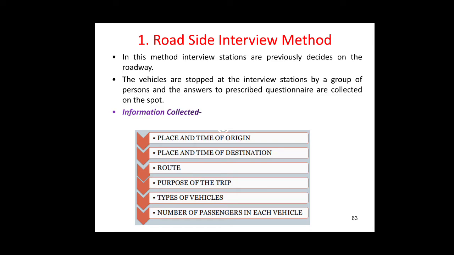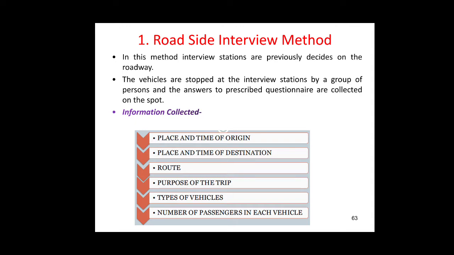The general information collected by the roadside interview method is, first, the place and time of the origin. That means at what place they have started and at what time they have started their journey. Second, the place and time of the destination. Third is the route. Fourth is the purpose of their trip.